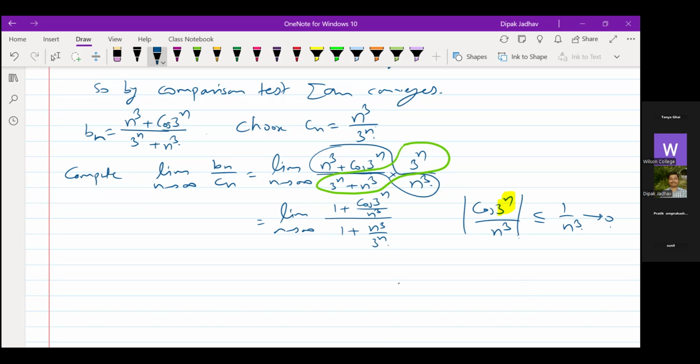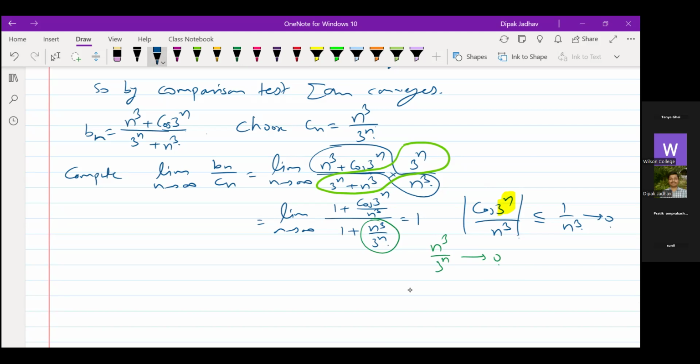What about the denominator? Where does this go? 0. The same argument: n cube is going towards infinity slower than 3 raised to n. You can try applying L'Hopital several times, you'll get 0. So the answer to this limit is 1.